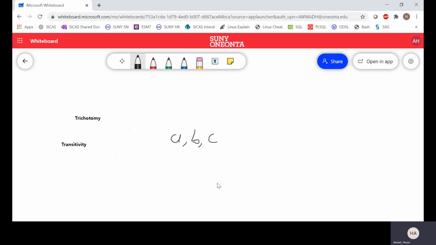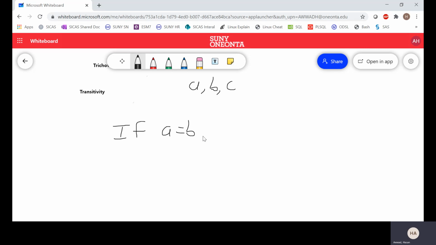If we don't know what the numbers are, we use variables or letters to represent them. So we're now considering A, B, and C. Okay, so regarding A, B, and C, if, and again, big if, if A is equal to B, and also if B is equal to C, then we know that A should be equal to C.